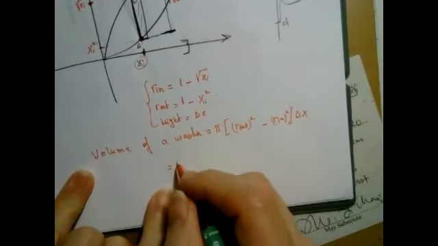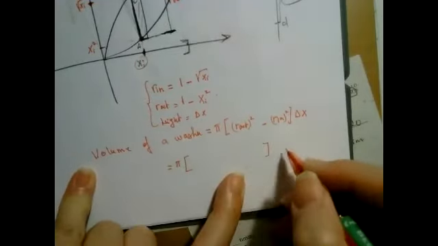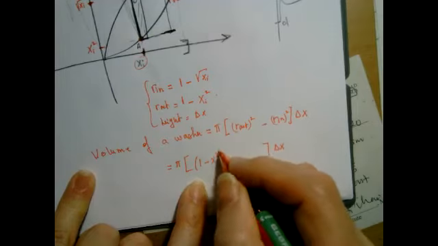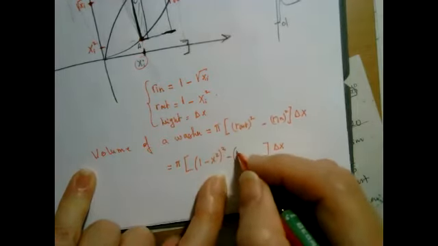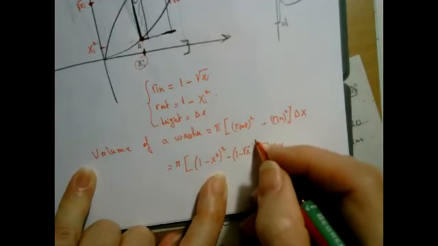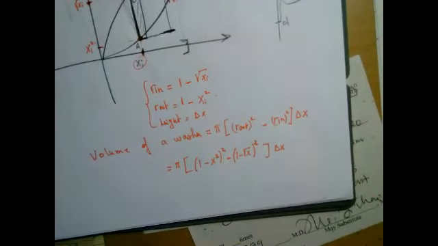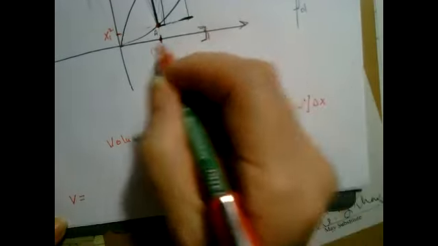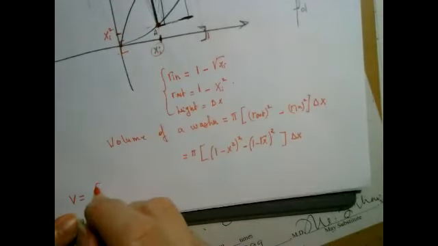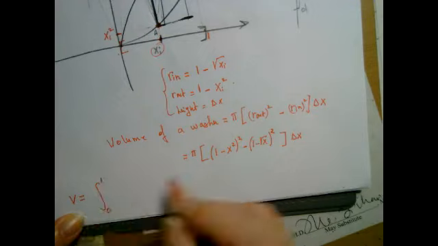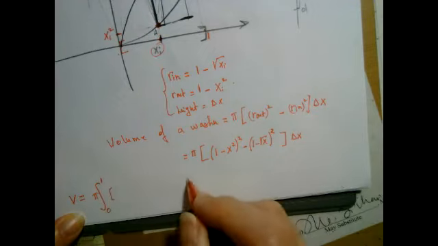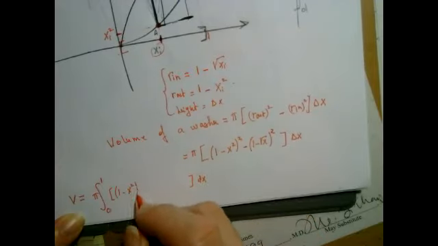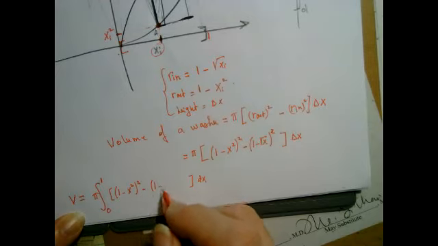So finally, it's going to be equal to pi times the outer, 1 minus x squared, squared, minus the inner, 1 minus that. And now the total volume. Again, to cover the region, it's from 0 to 1 of pi times dx. So it's 1 minus x squared, squared, minus that.